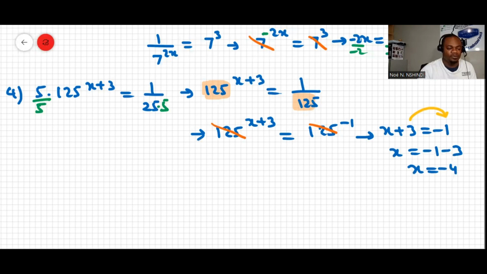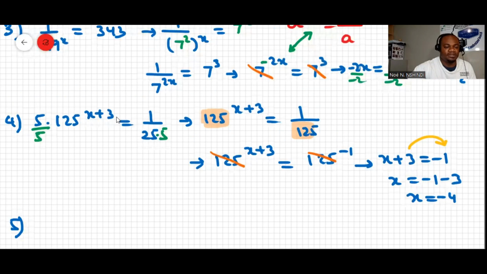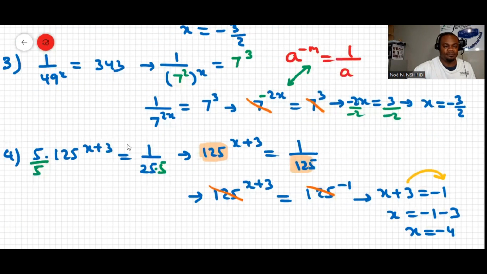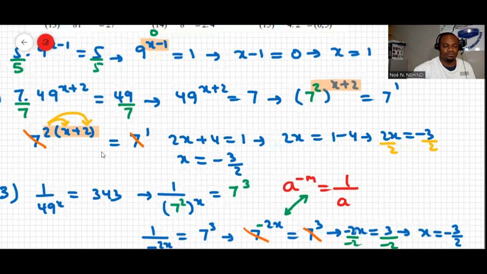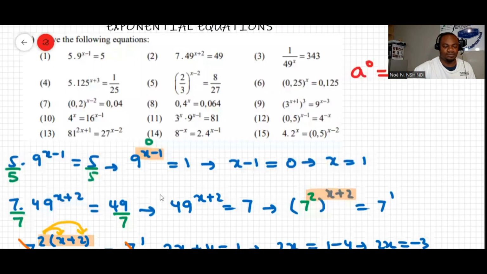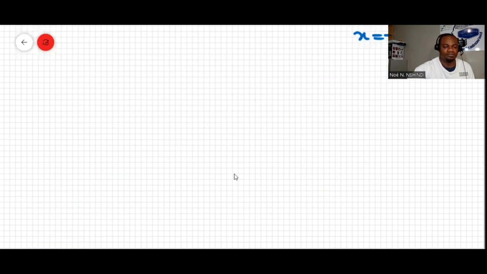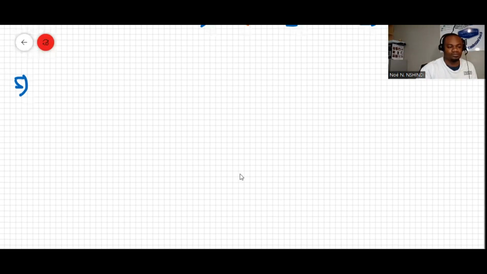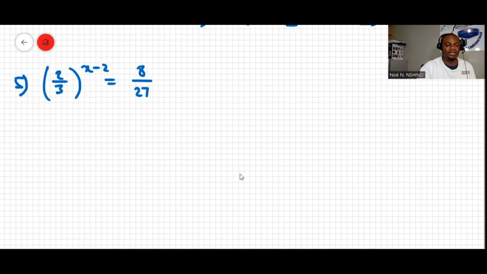Okay, and then do question 5. What does question 5 say? Let's see. Question 5 over here. 2 over 3 to the power of x minus 2 equal to 8 over 27. So we can reduce this, okay?